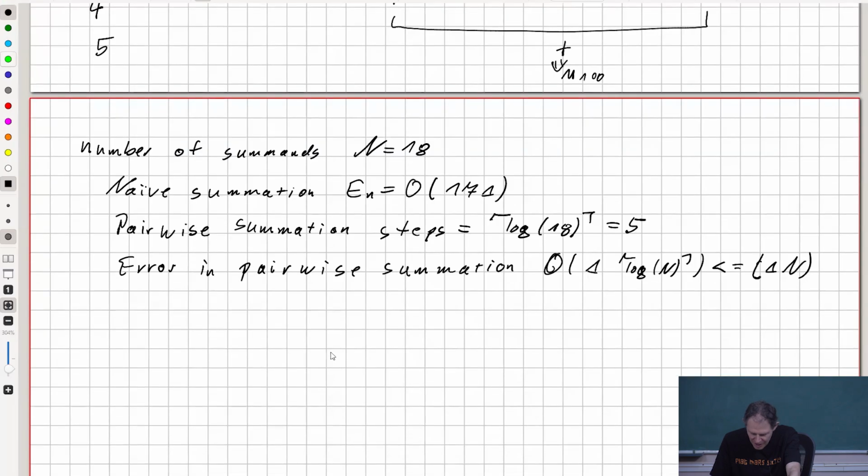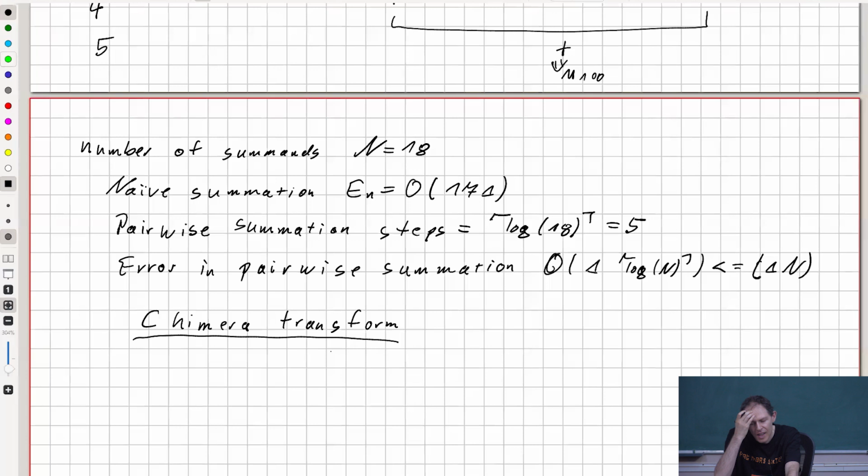Okay, so this brings us to the chimera transform, which now is a little bit more specific to the lattice Boltzmann methods. So in our collision kernel, we actually do a lot of these sums. And one particular case when we have to do a lot of sums is when we compute the central moments from which we then compute the cumulants.